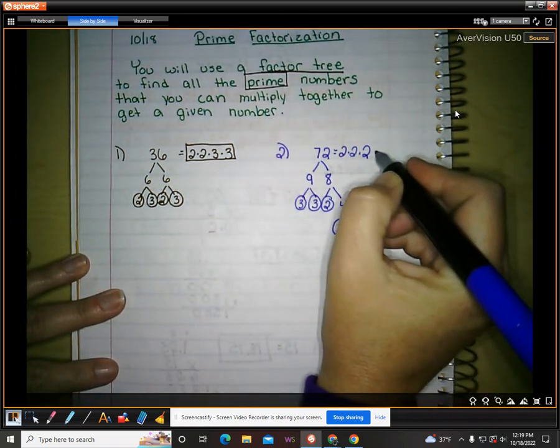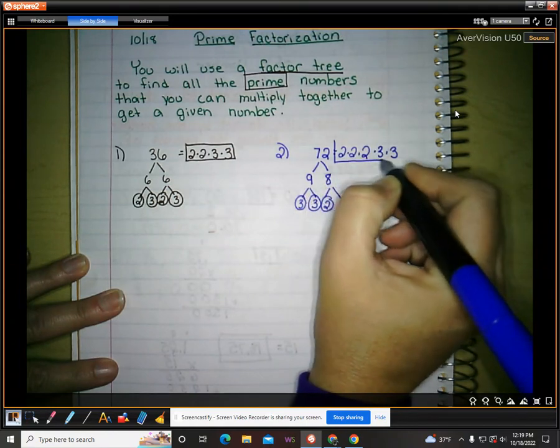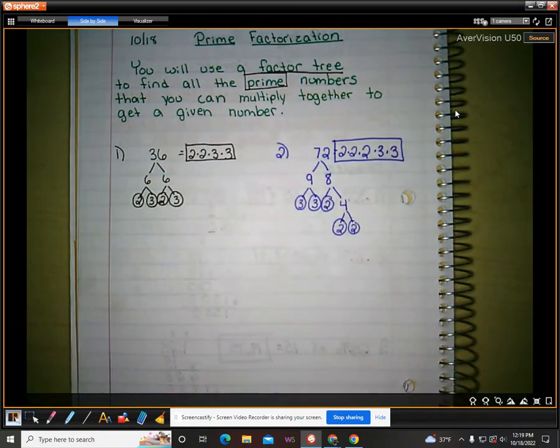And then I have my 2 3's. So times 3 times 3. So the prime factorization for 72 would be 2 times 2 times 2 times 3 times 3. All prime numbers. We'll eventually learn how to write them with exponents, but we're not going there today. All right.